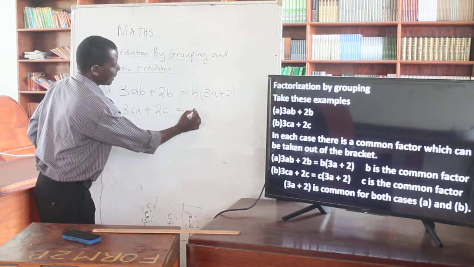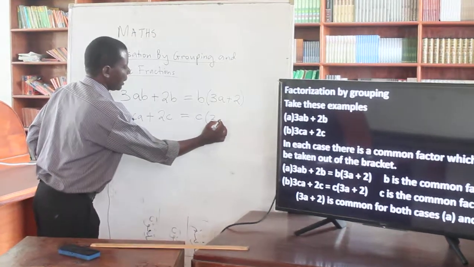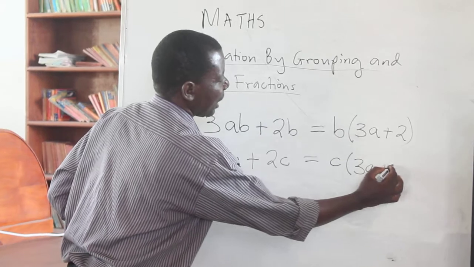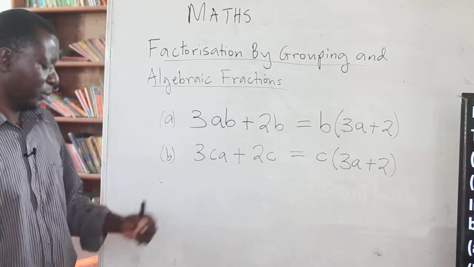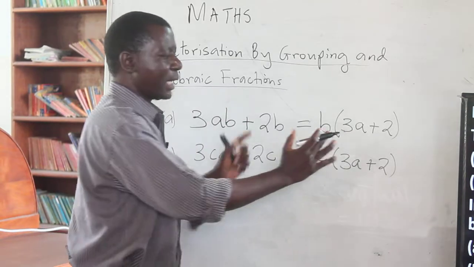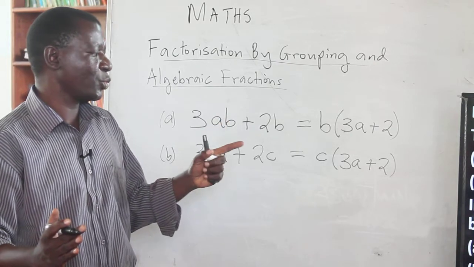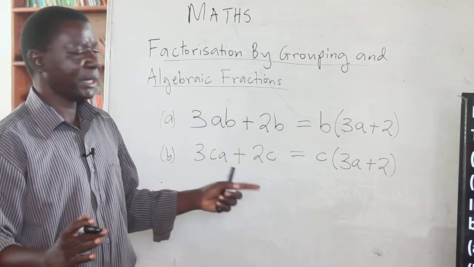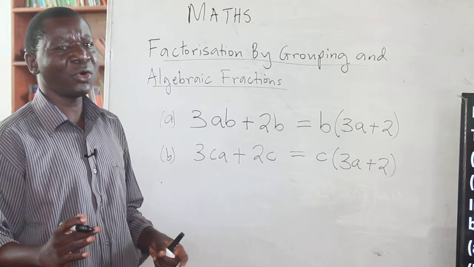So you can take c outside the bracket, we remain with 3a plus 2 inside the bracket. Now, if you look at the term inside the bracket, 3a plus 2, for both of them, they are actually the same. And we say that one is also common.